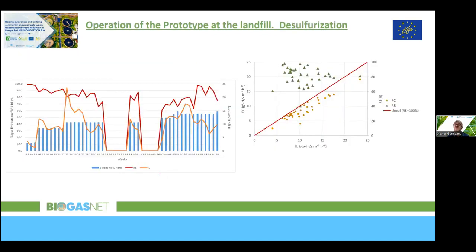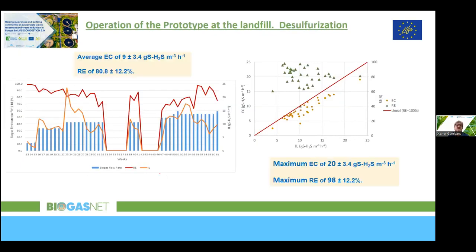And regarding the sulfurization step, again, we have average removal efficiencies of 80%, but with peaks of 98%. We can reach a stable operation of 98% of H2S elimination, and the elimination capacity is this value, which is the most meaningful value for the prototype scaling up.